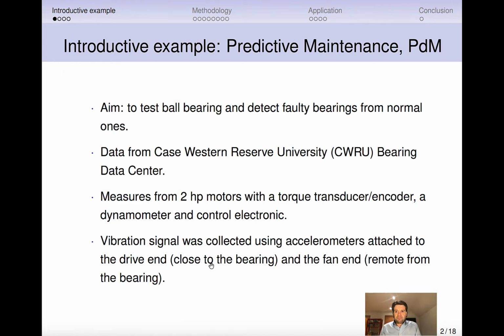That could be an accelerometer that measures the ball bearing with a possible default. And here close to the fan end, maybe we have vibrations measured close to the fan, and in this case the ball bearing close to the fan end has no default.